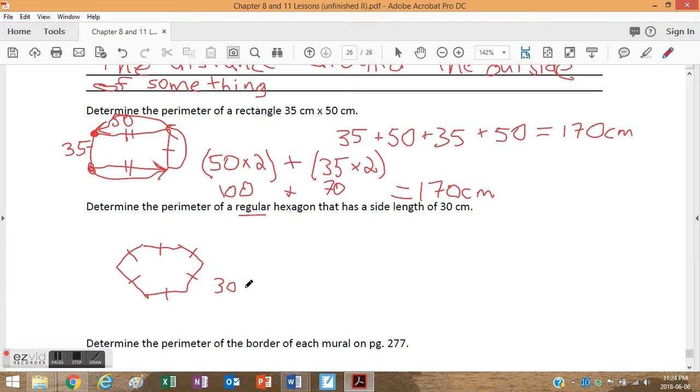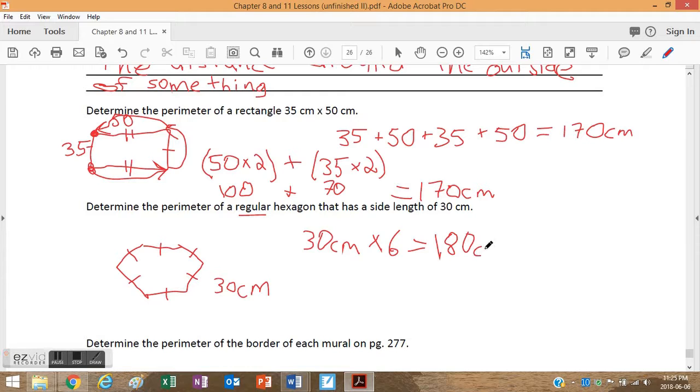There's 30 centimeters each, and 6 of them. So I guess I could do 30 plus 30 plus 30 plus 30 plus 30 plus 30. There's an easier way. 30, there's 6 of them, would be 30 times 6. So 30 centimeters times 6 equals 180 centimeters.